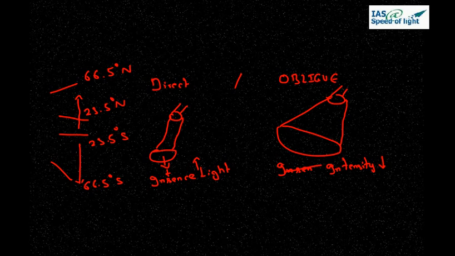So this is the full extent. Direct rays of the sun cannot go beyond these two parallels. Then we see the Arctic Circle and the Antarctic Circle, which are the full extent for the oblique rays of the sun.